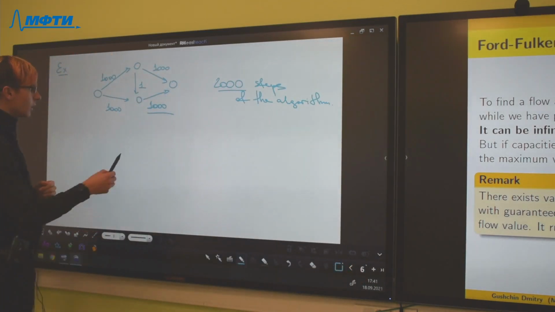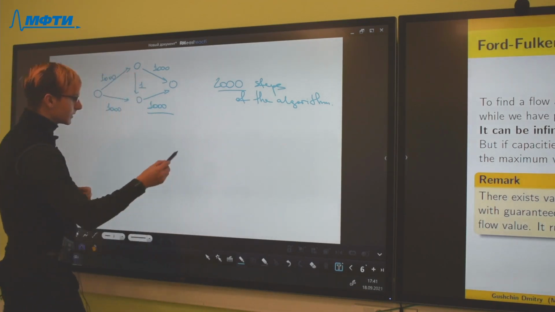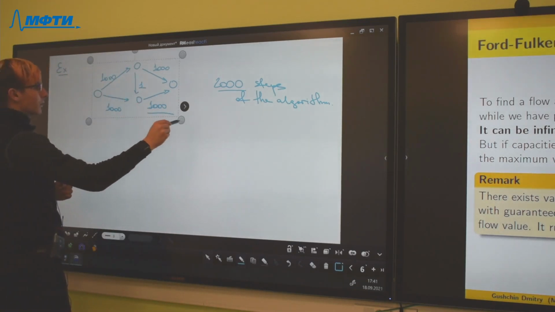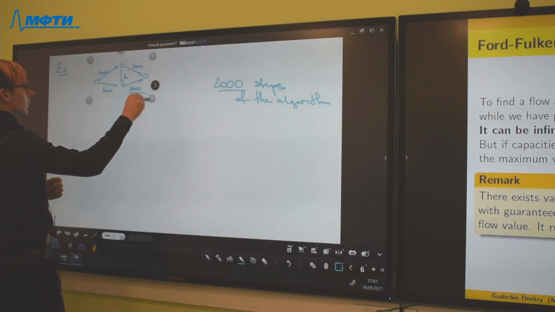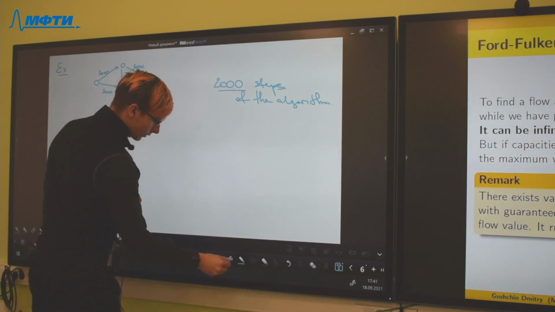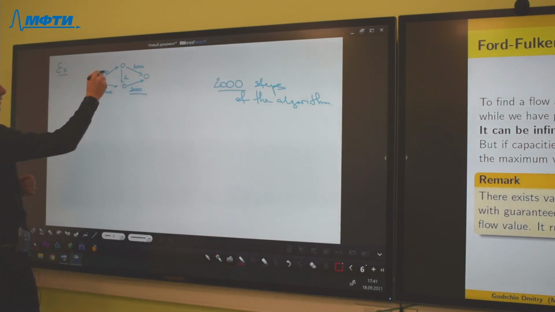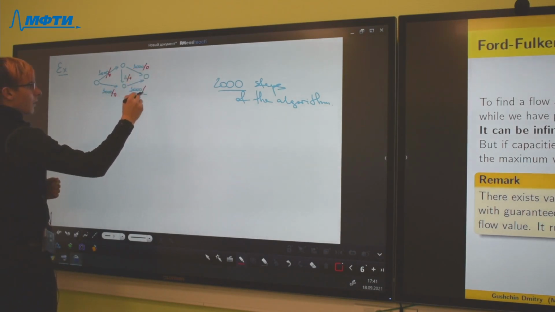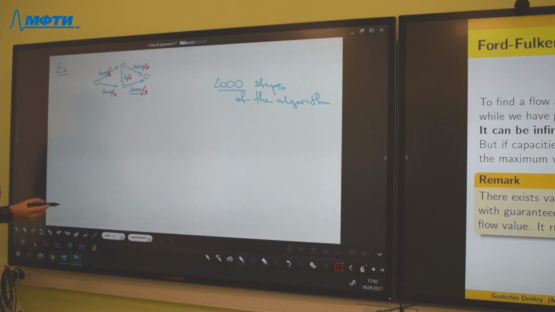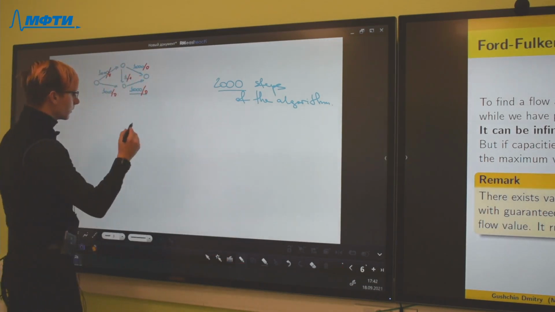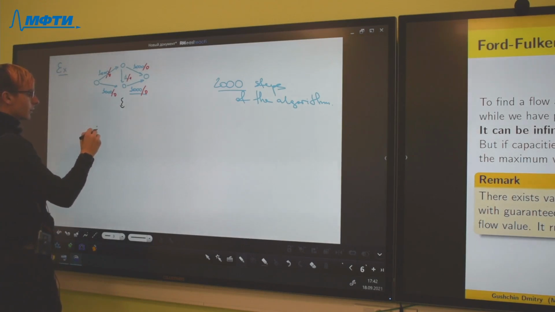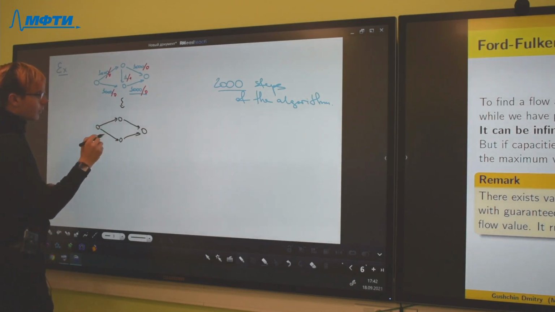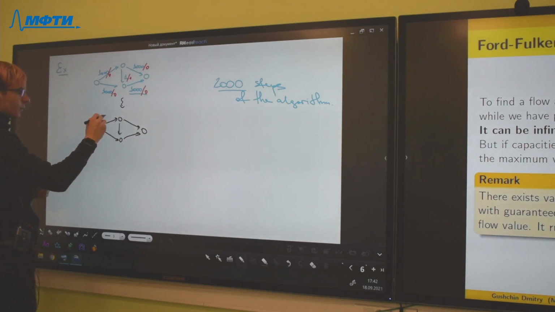So, for example, if we try to understand it, we get an augmenting path, and initially we have 0 flow. Then in one step we get flow that will be equal to 1.